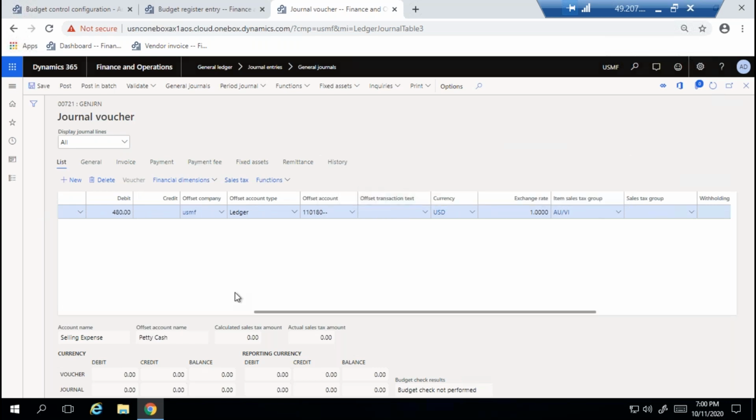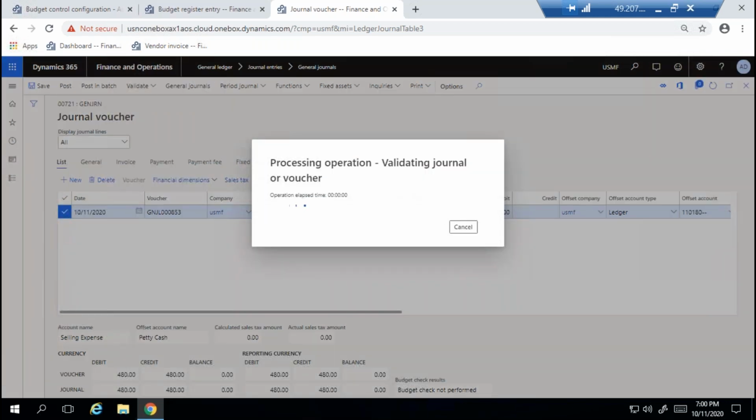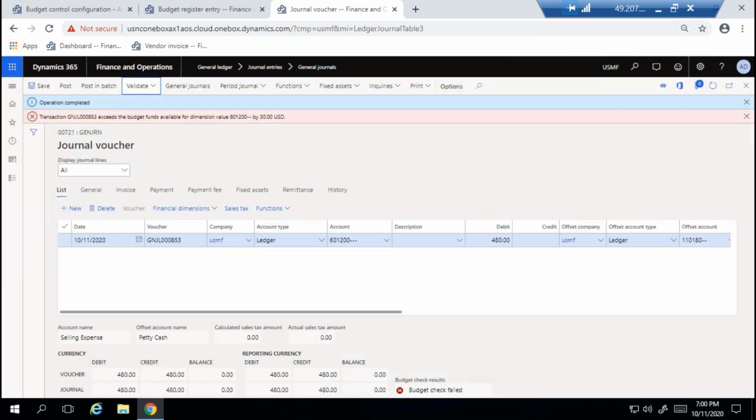Whether it will allow me or not? 480. Yes, it will allow. No. 50 I have used. I have used 50. So 500 minus 50, 30 is exceeded.